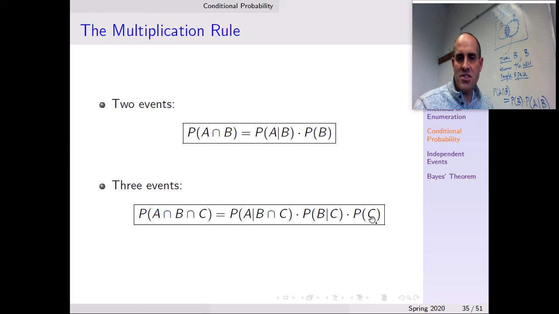Well, probability of C. And times the probability that B happens, given that C has already happened, because it did, right here. At this juncture, C has happened, B happens given C. So B and C have both happened at this point. And now I want A to happen. Given what? Given that both B and C have happened.